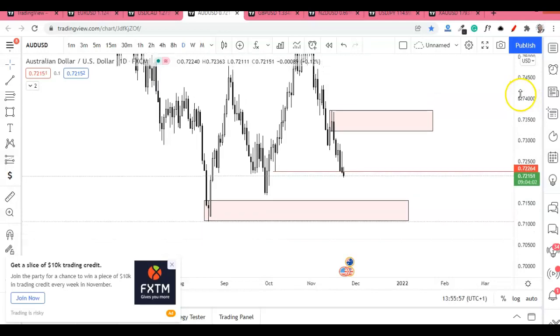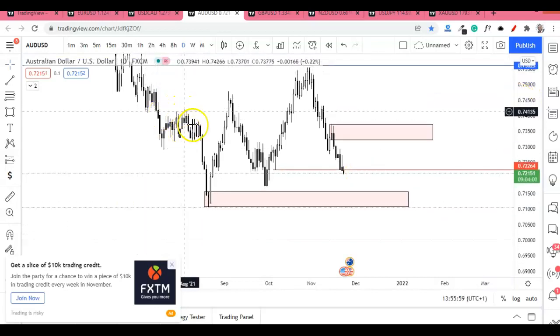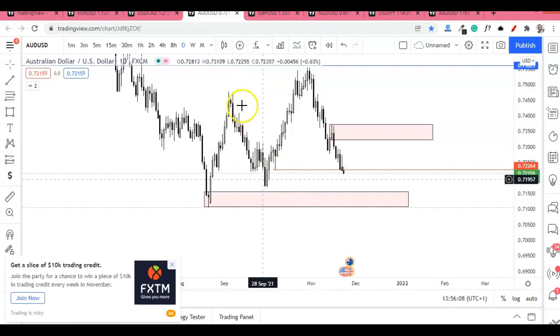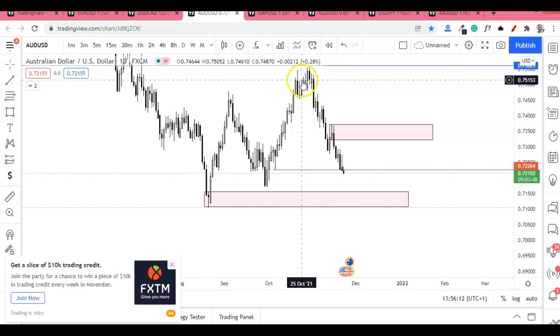Now, how do we identify? Like in this case here, this is a drop base rally, drop base rally. Right? Another one here, drop base rally. Are you with me?